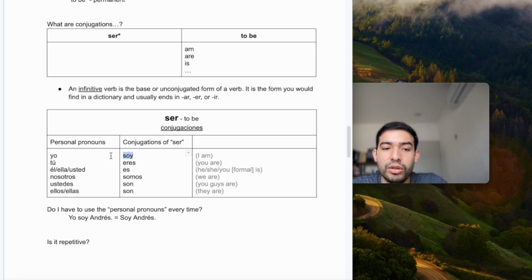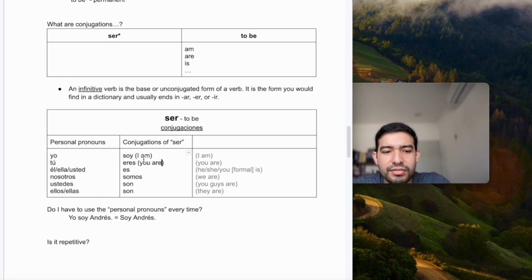Because soy will always belong to yo. It's kind of obvious that when someone says soy, then that's, well, I am. So in a way, soy doesn't only mean am. Eres does not only mean are, it means you are, right?